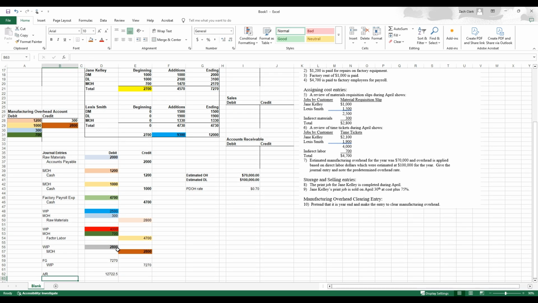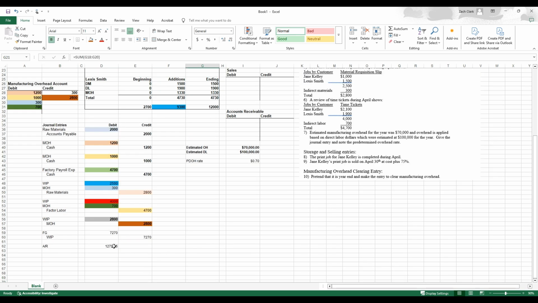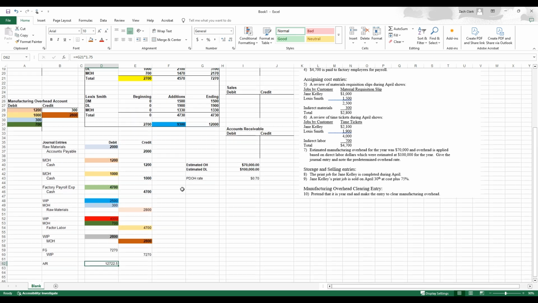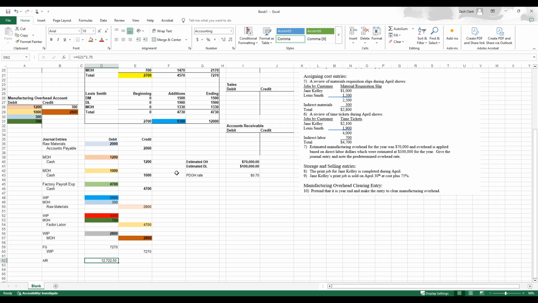And if we do that, in essence, what we're doing is take 0.75 of 7,270 and add that to 7,270. That's what timesing it by 1.75 does. And we're saying we're going to take whatever this cost was, and we're going to charge them 75% more of that as a price. So the AR, and then we'll record sales revenue. I spelled that wrong.